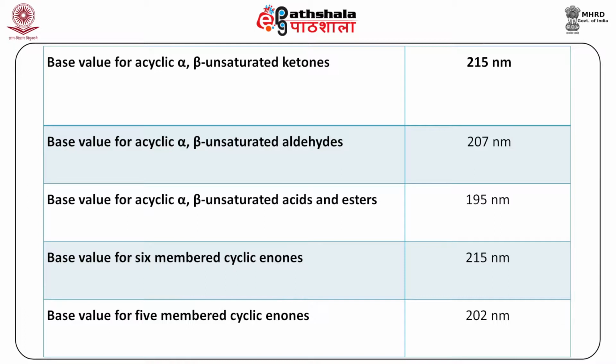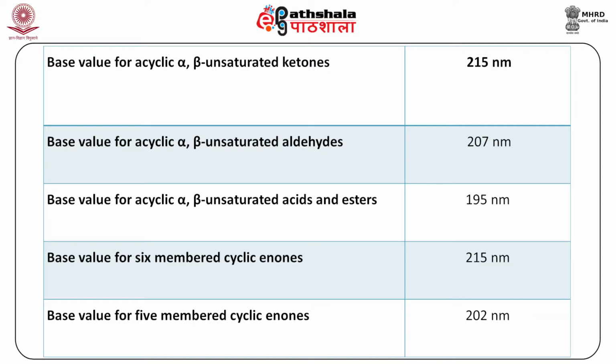The basic value for alpha beta unsaturated ketones is 215 nanometers, and that for aldehyde is 207 nanometers. The basic value for alpha beta unsaturated acids and esters is 195 nanometers.